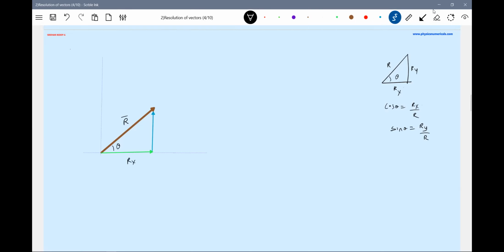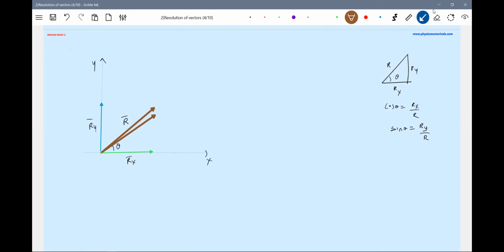What is this Rx bar and this Ry bar? What I did is, in rectangular components, this is x, this is y. I just split up this vector.